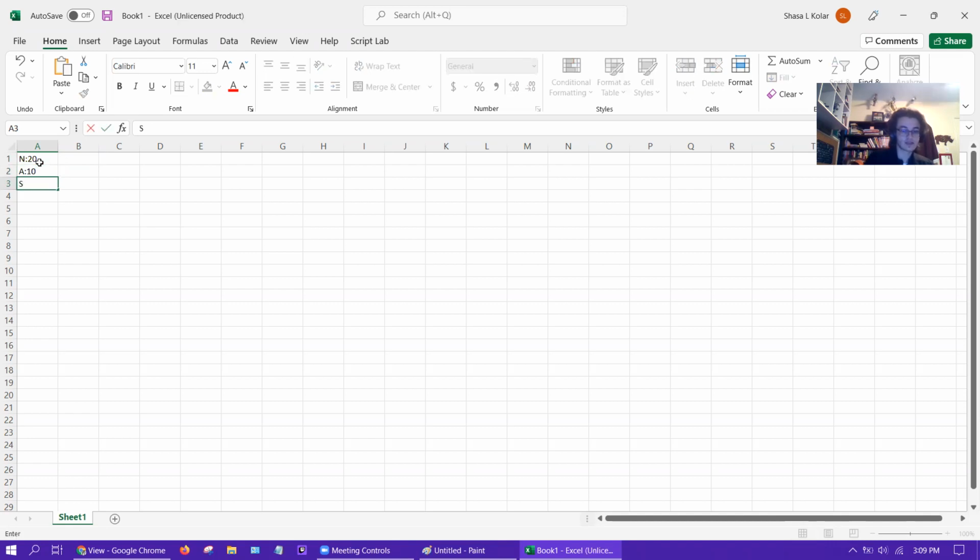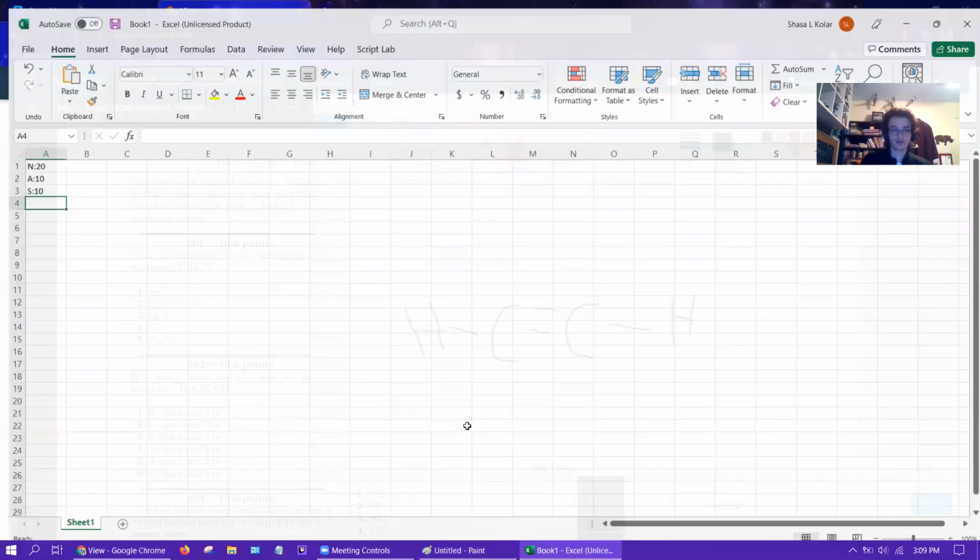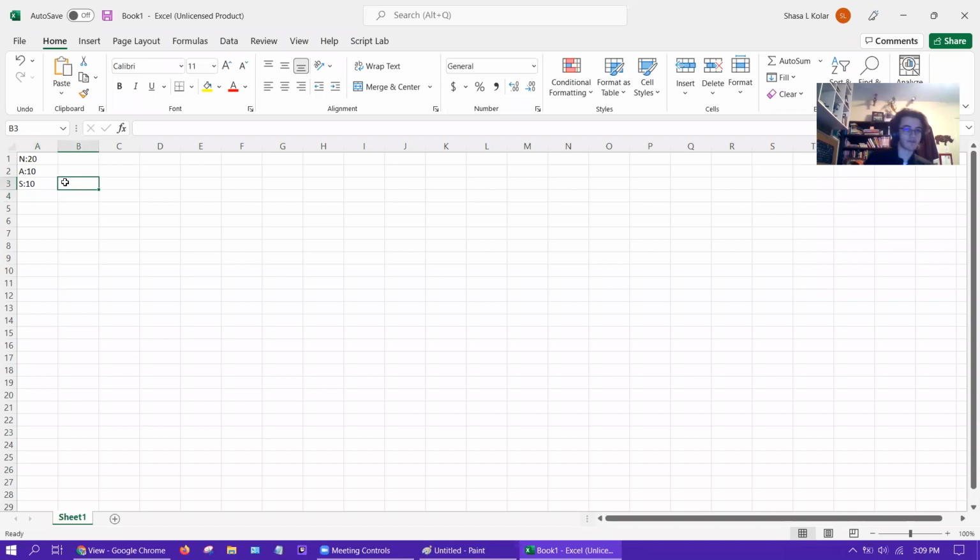Then our S is the number of shared electrons, which is N minus A, so we get 10 shared. And there are no free electron pairs, because A minus S would equal the unshared, and there are no unshared electron pairs. If you remember, the number of bonds is half of the S. So the number of bonds would be 10 over 2, which is 5. So there's 5 bonds. So pretty easily you can see that because there are no electron pairs, all of the bonds.